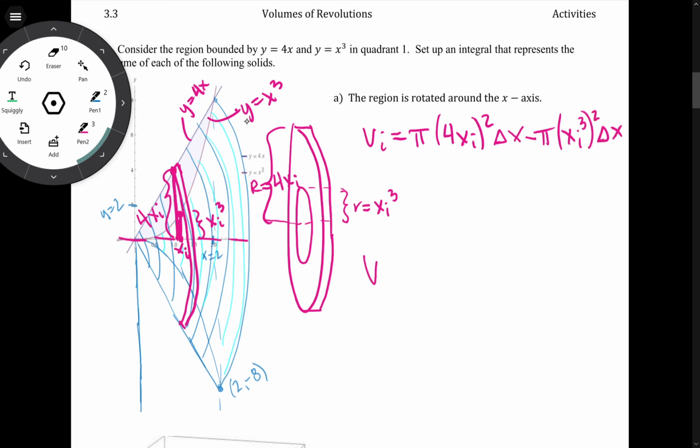So when we go to set up for the entire volume, I'm going to move the pi out in front. You don't have to, but I just like cleaning up wherever possible. So this is going to become a 16 x sub i squared. Down here we won't need the i anymore because we're doing every single x value. And then this is going to be an x sub i to the 6th.